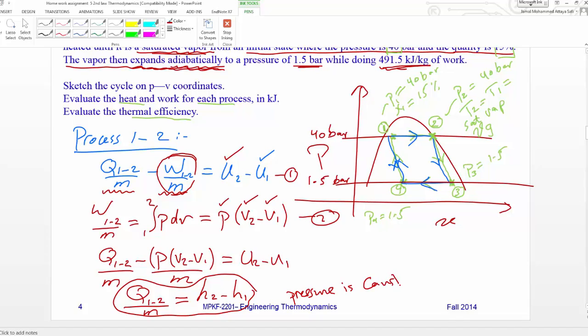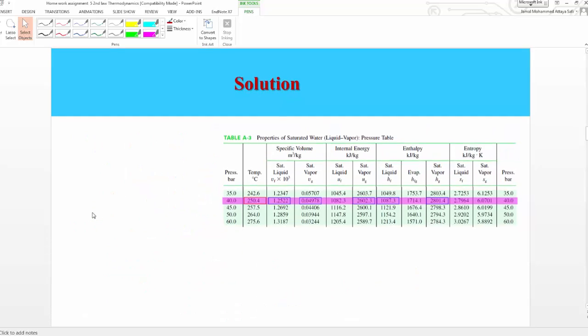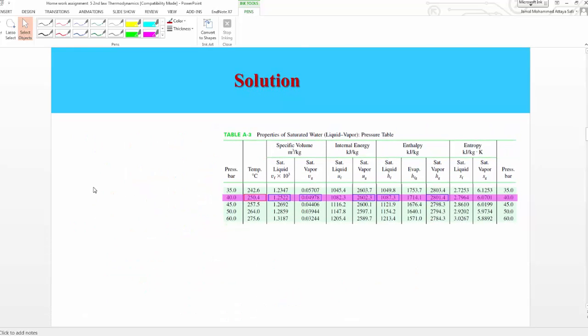It's a constant pressure process. And this is why I can also do this. So either I calculate q from this, or I calculate the work from this, and then I put it here and I calculate q. It's, again, the same.